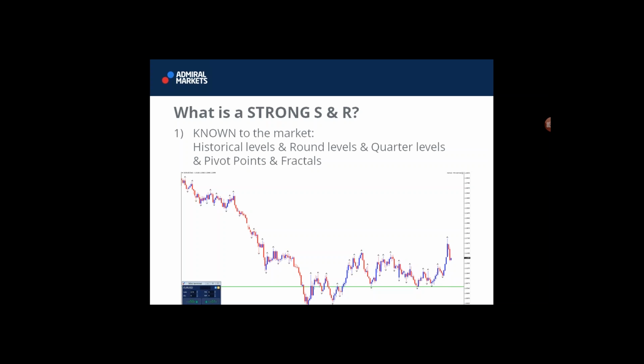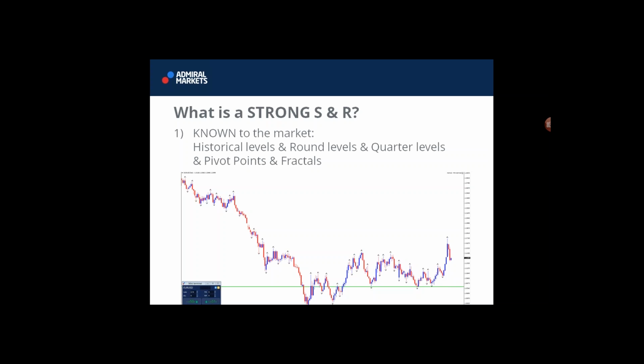There could be some Fibonacci levels that are very logical, and probably there's a high chance that many traders will have the same level. But historical levels, round levels, even more obvious, 140 is 140, and everyone knows it's 140. There's no one who's going to doubt that. Quarter levels, just the same.